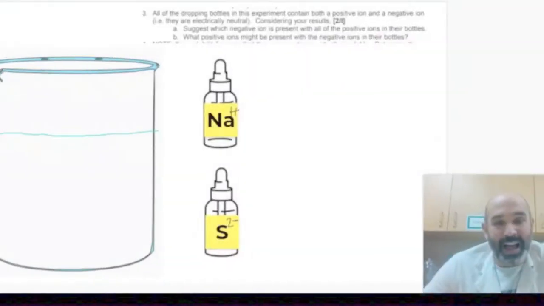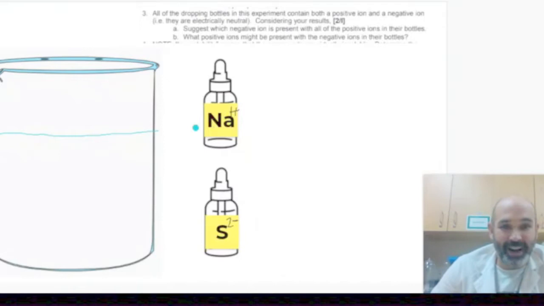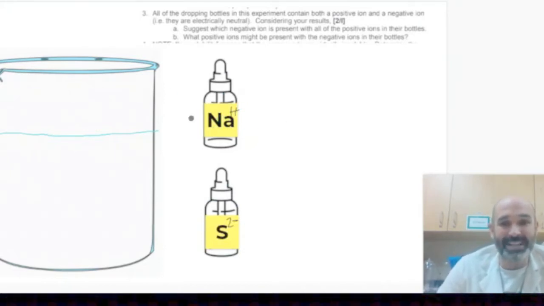All right, the last part of this lab is kind of some trickery that I was doing with the labels. So if you can see here, I've got 2 dropper bottles. This one's labeled Na1+. It's very much like from the video. This one was the anions S2-, so sulfide anion. Now, the tricky part about all of this is that inside of this dropper bottle is not just the sodium ion, okay?